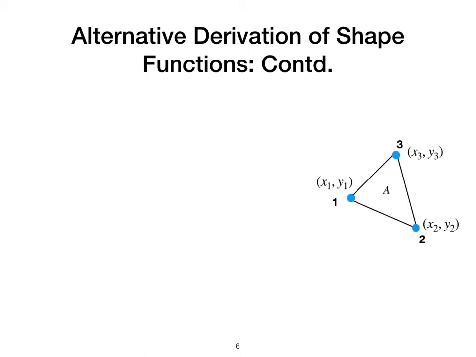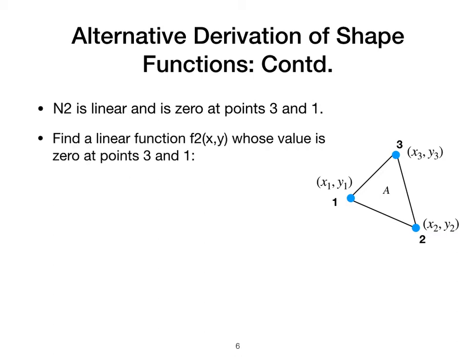Here also N2 is a line and it has to be 0 at points 3 and 1, and we have to find a function f2 such that it is 0 at points 3 and 1, and this function has to be linear.